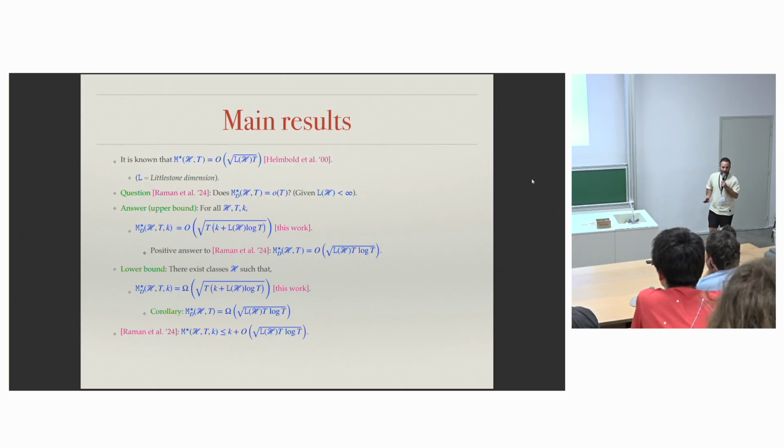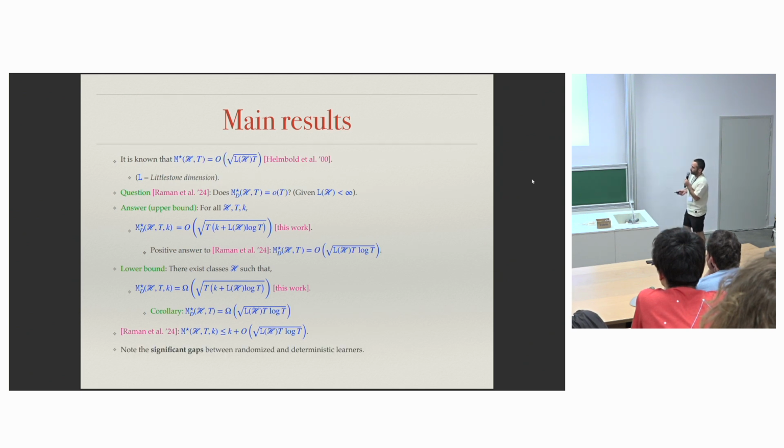And interestingly, last year in the COLT paper, Rahman et al. gave a randomized upper bound of K plus order of square root Littlestone dimension T log T. I want you to note that there are significant gaps between the randomized and deterministic learners. Even in the realizable case, we have this square root log T difference. And in the non-realizable case, it is much more significant.